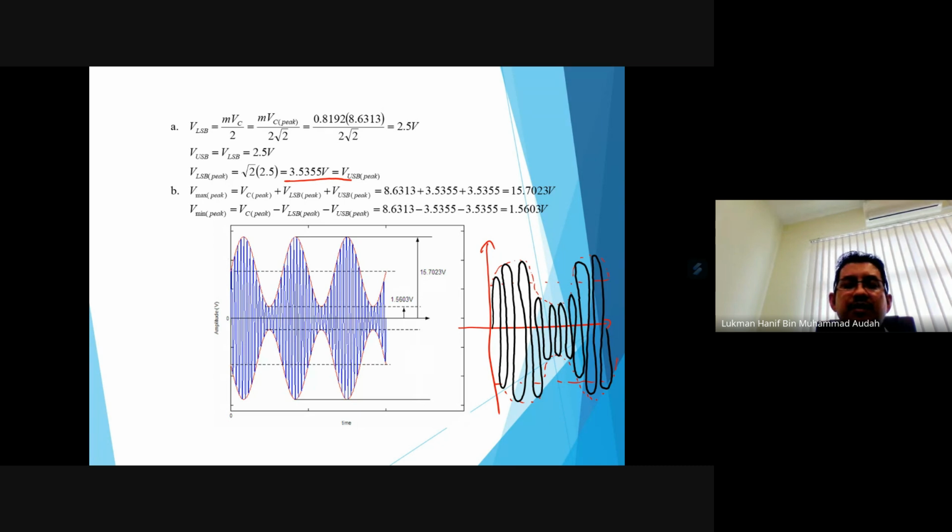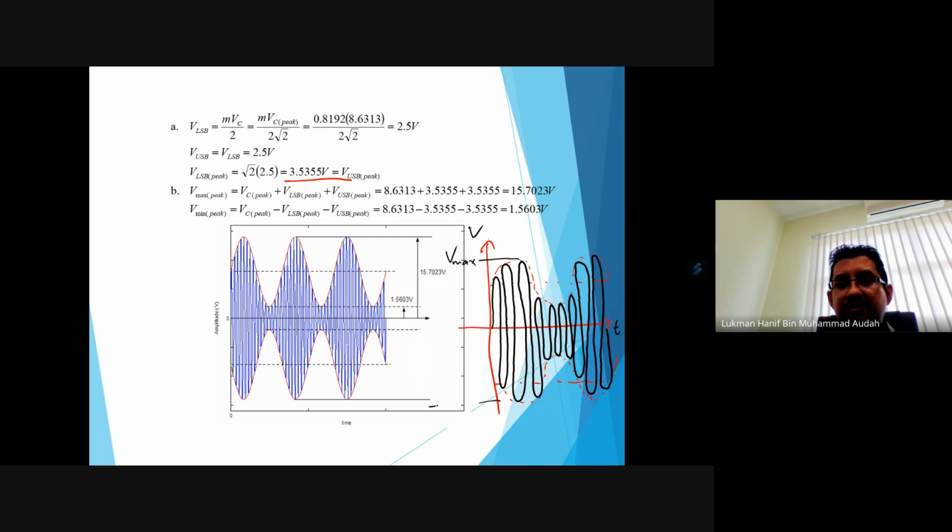When you draw, of course, you have to label VC, V versus T, and then label the Vmax and also the minus Vmax, and also the Vmin and the minus Vmin.